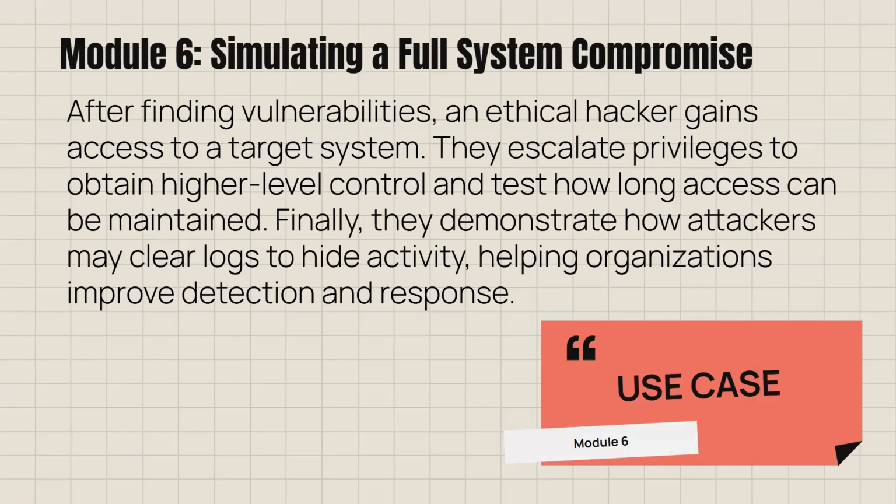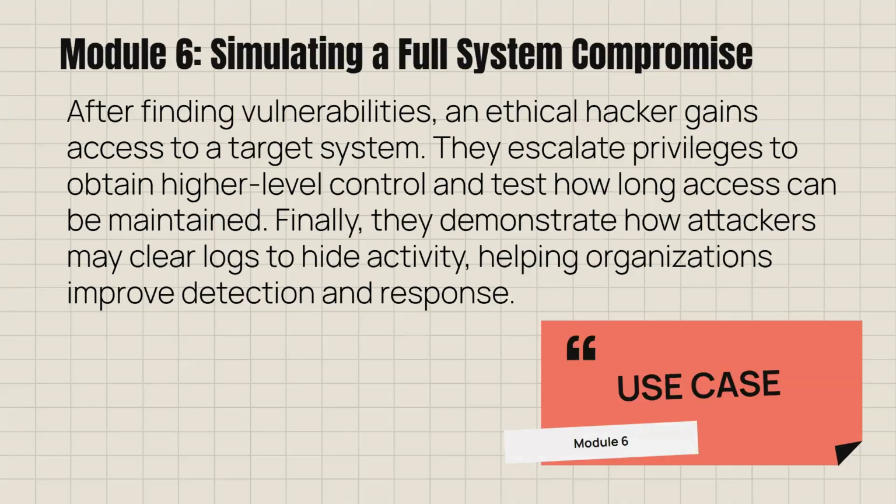So here's the detailed explanation of how that actually works. We first find the vulnerabilities, then the attacker gains access to one of the systems in the network. Then we escalate privileges to get higher access and more and more control over the network or that certain system. Then we try to create some access points.